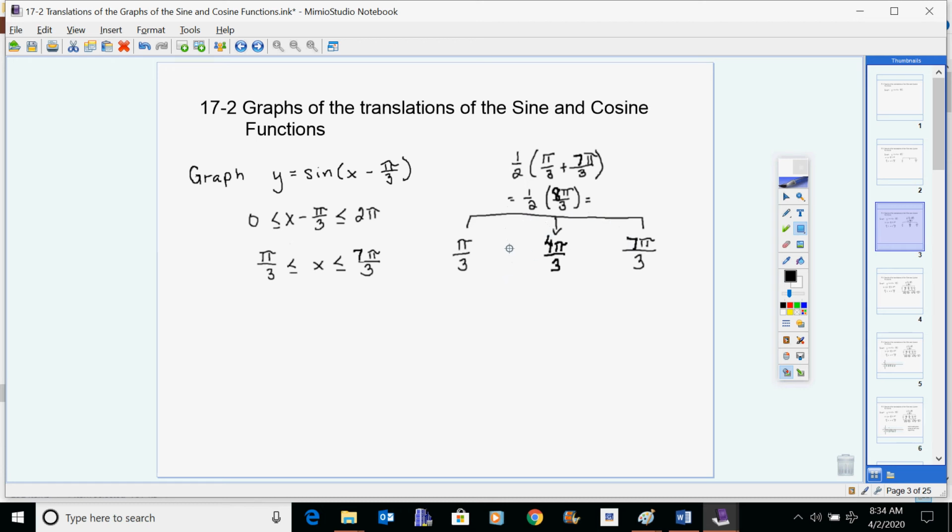If we use this method to find them, it's making it more obvious that it has to be exactly in the middle because of multiplying by a half, dividing by 2. And so that you're getting the idea that it does have to be in nice, steady gaps, and that a sine wave is a very regular type of thing.